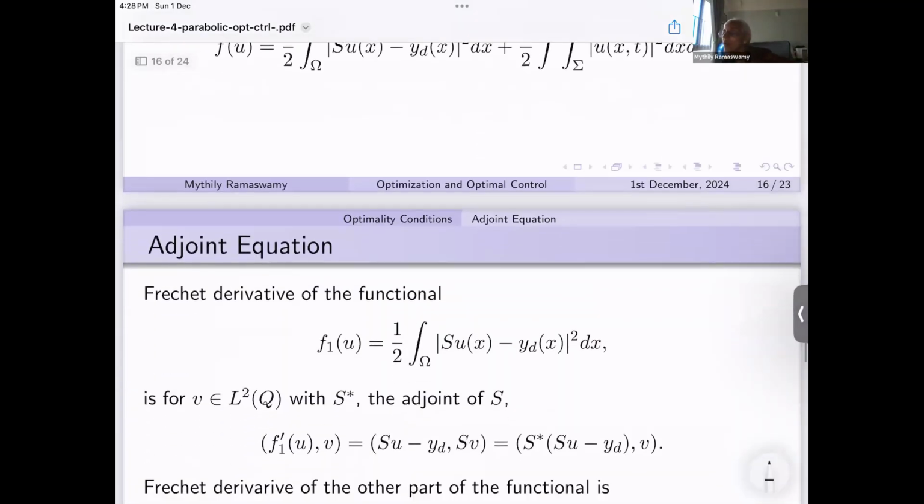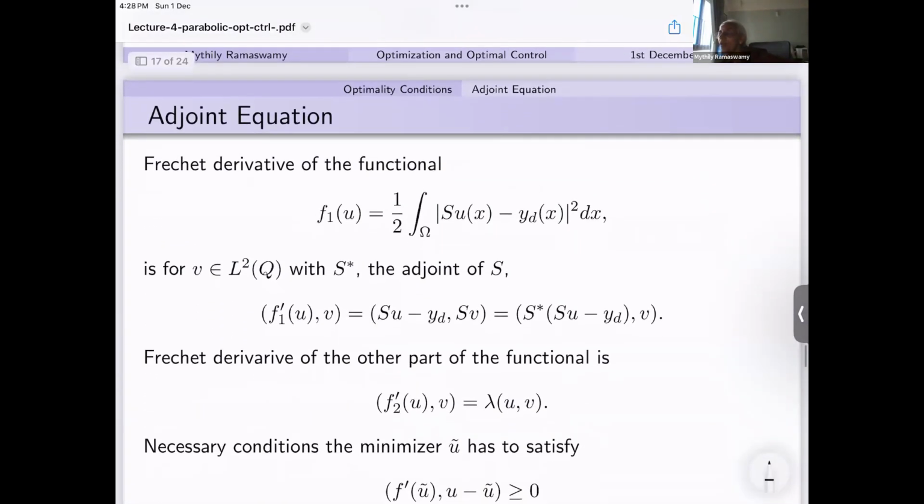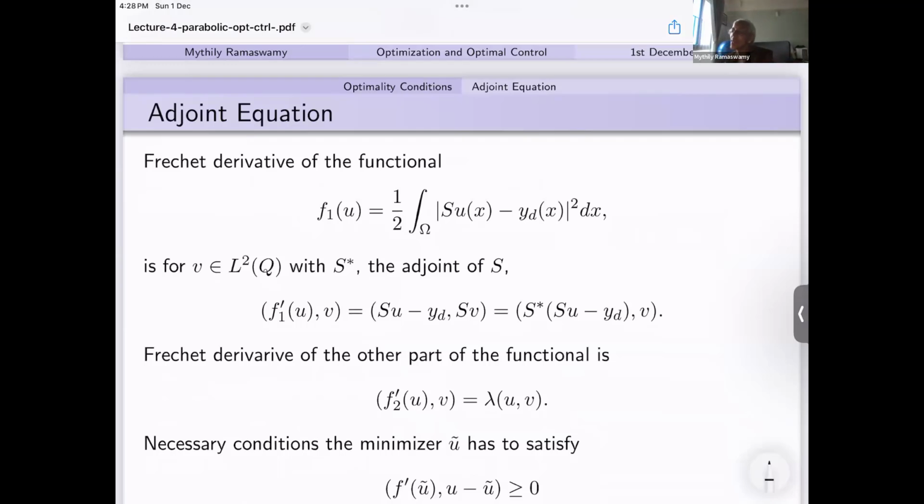And that will involve, as before, S star acting on Su minus y_d. So the same expression keeps coming again and again. It boils down to the calculation of the adjoint S star.